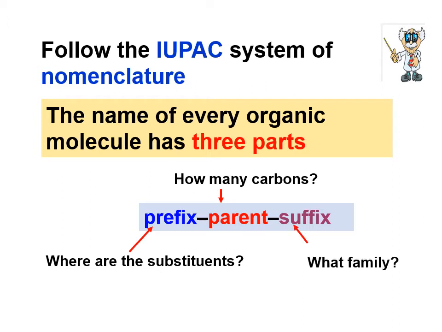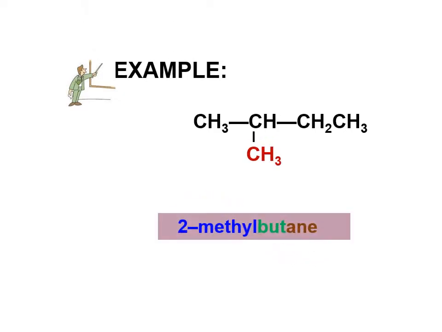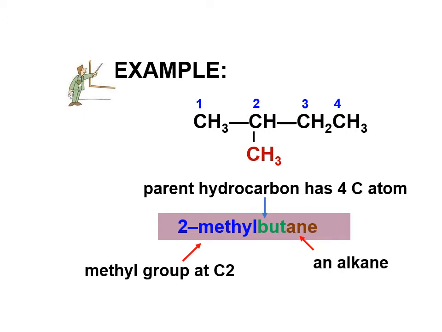Suffix: what family? Example: 2-methylbutane. The parent hydrocarbon has 4 C atoms, there is a methyl group at C2, and the family is an alkane.